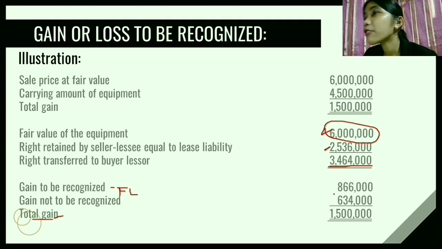So, kagaya ng sabi ko kanina, pag finance lease model, ang i-recognize lang po nating gain on right transferred is yun lang pong gain to be recognized na nakuha natin kanina, which is eto po, which is our 866,000 pesos.